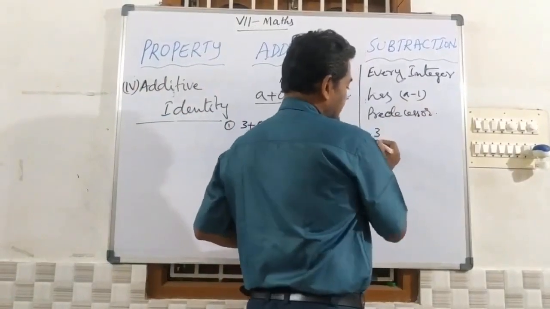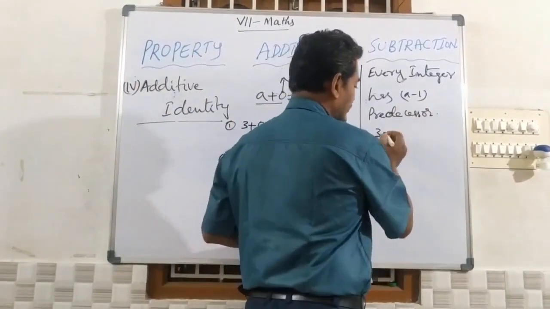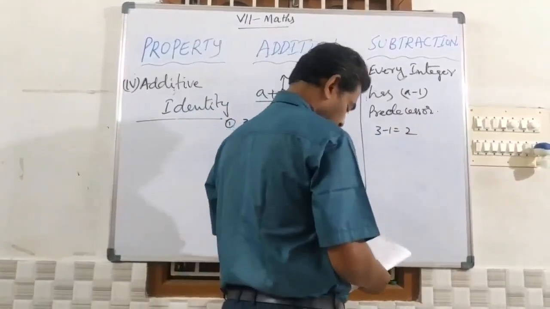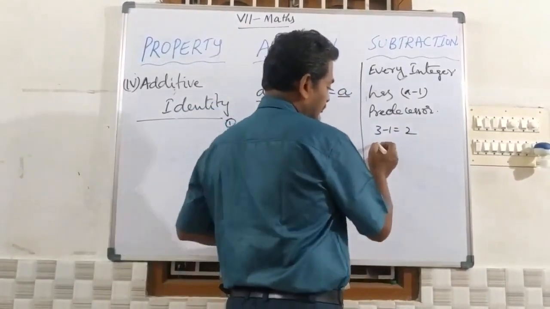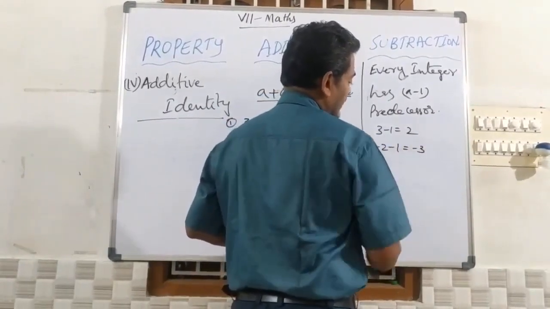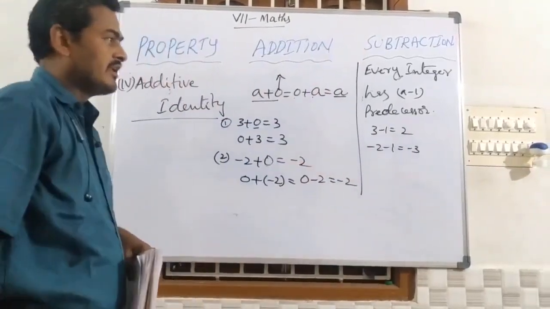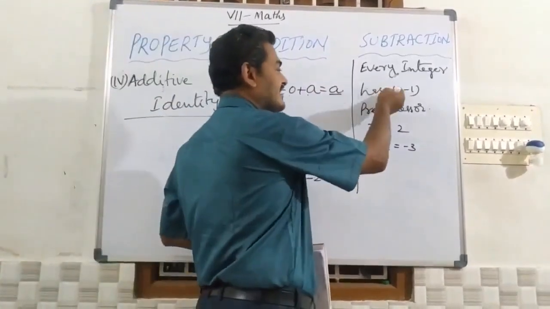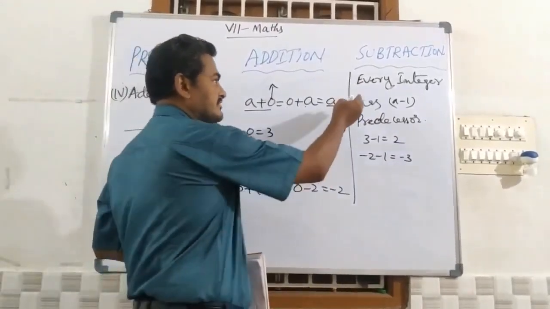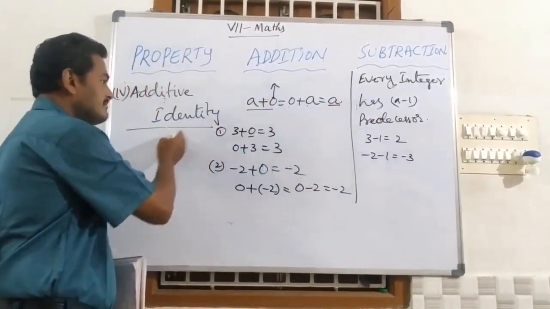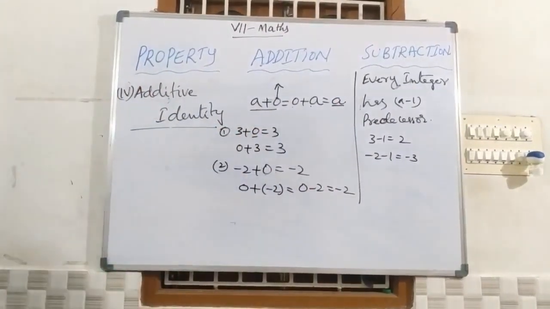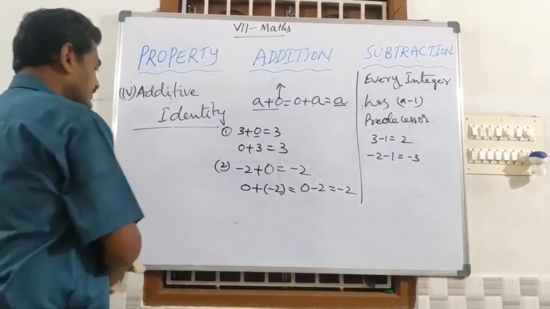For example, for 3 the number before is 3 minus 1, which is 2. Similarly, minus 2 minus 1 equal to minus 3, so the number before minus 2 is minus 3. So every integer has a previous number, the predecessor, which we can find by subtraction. And additive identity means A plus 0 equal to 0 plus A.